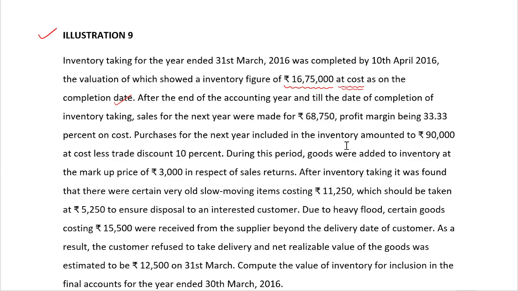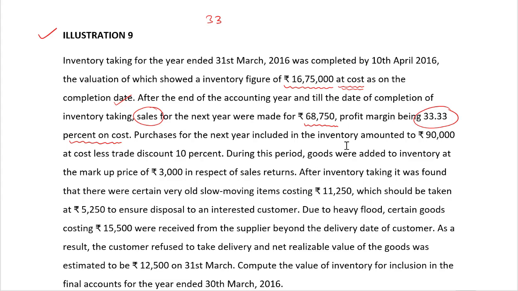After the end of the accounting year and till the date of completion of inventory taking, sales for the next year is 68,750. The profit margin being 33.33% on cost. My dear students, this is the sales figure, and the profit margin is 33.33% on cost.